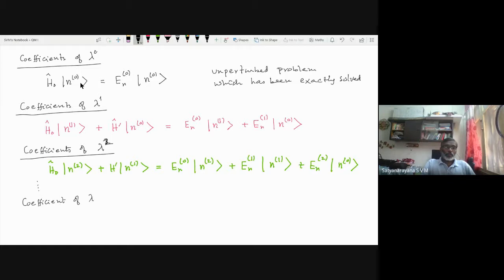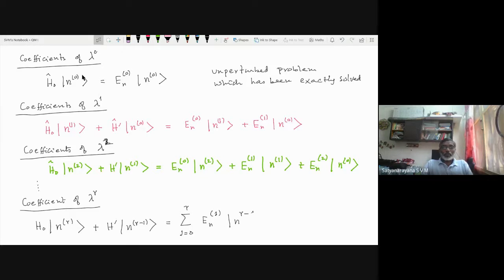coefficient of lambda to the power r, now I think from the pattern it is clear that you will have H naught acting on n of r plus H prime acting on n of r minus 1 on this side, and on the right hand side you will have the sum over a equal to 0 to r of E n a into n of r minus a.